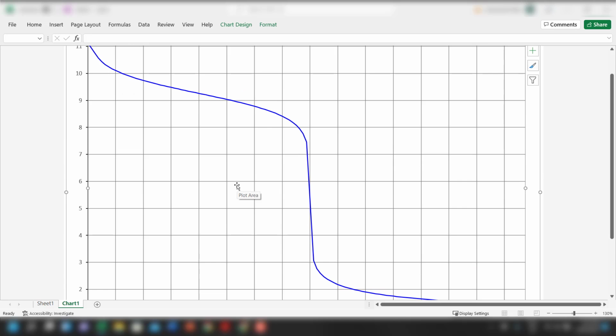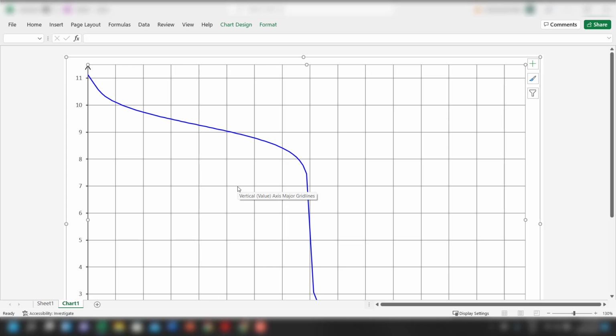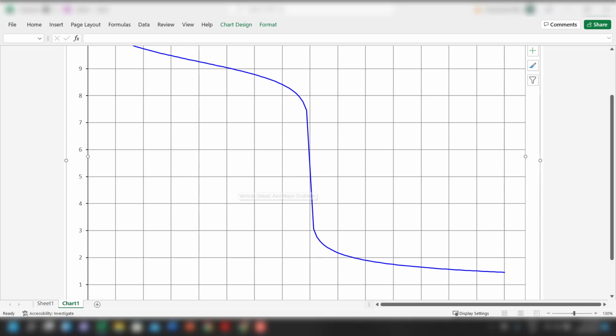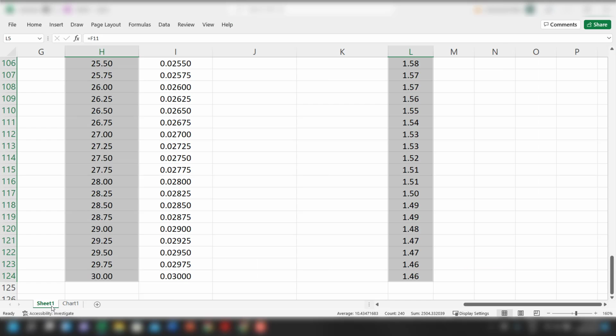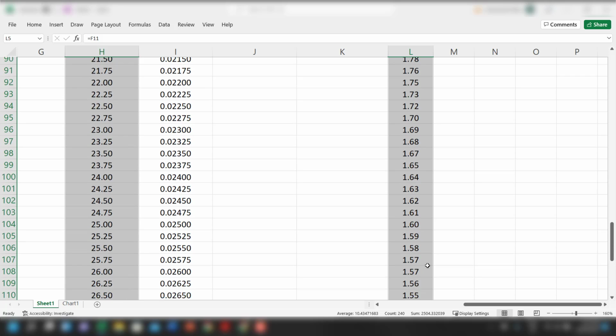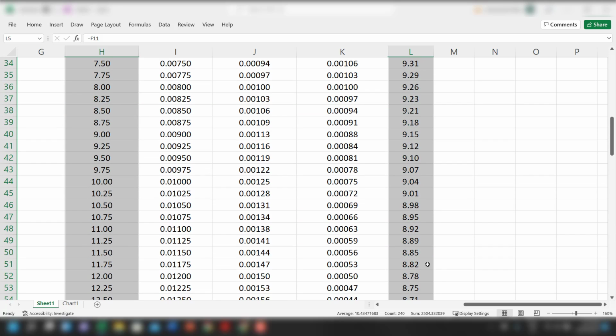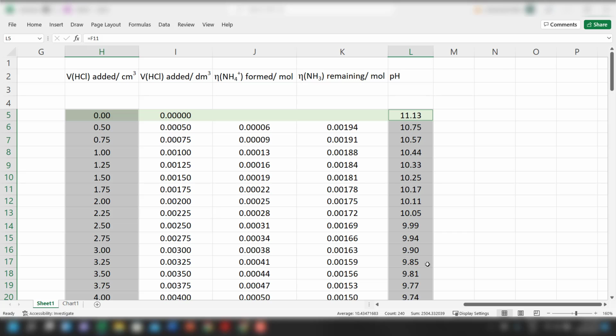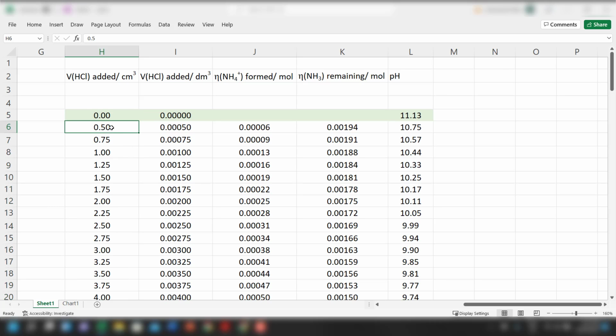Okay, so I think I have shown you how to plot a titration curve using Excel, and of course there is a combination of different equations which are required to be used. Basically, from when we start to perform our titration, from about when you add in a little bit of HCl and all the way to before the equivalence point, we'll be largely using the Kb expression.